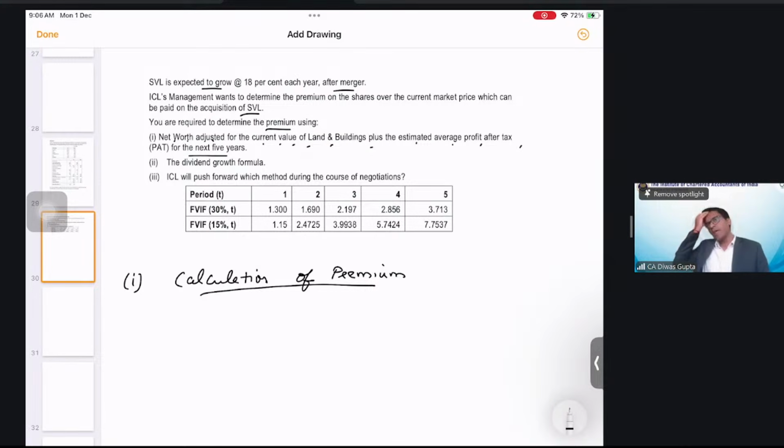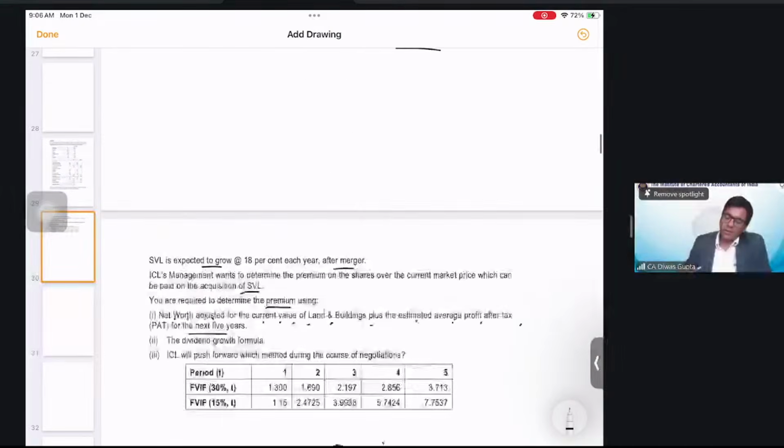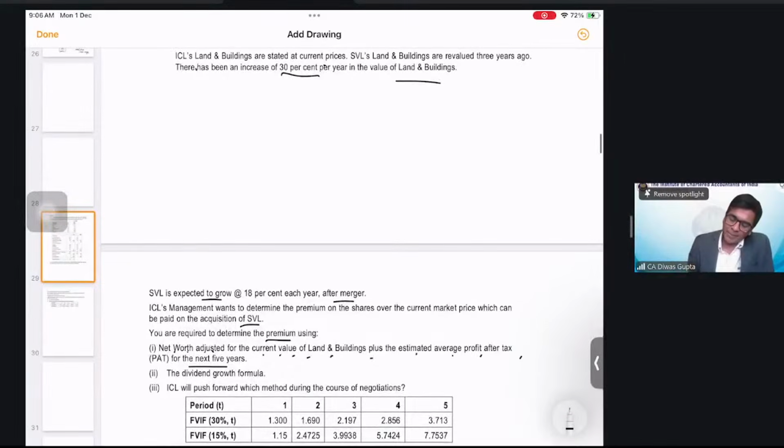See, ultimately, let me twist the facts like this. Let's say the market value of land is 50 lakhs. Okay, this is the market value stated.